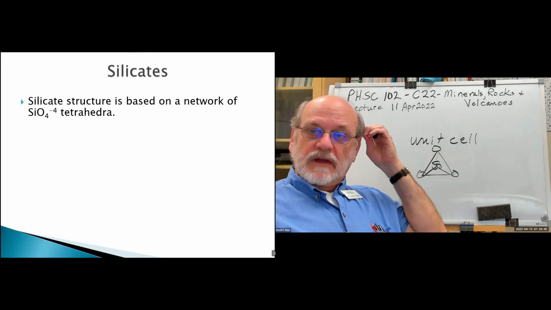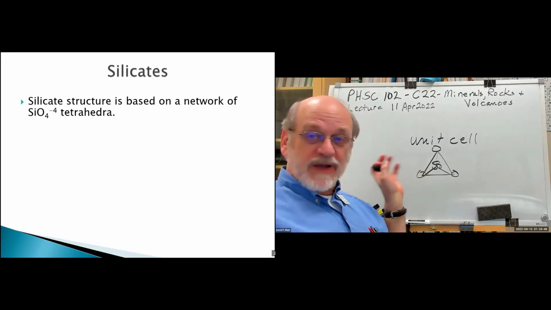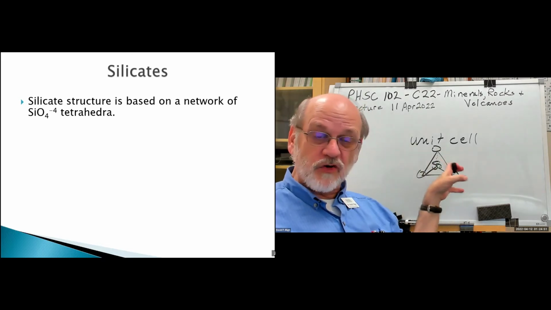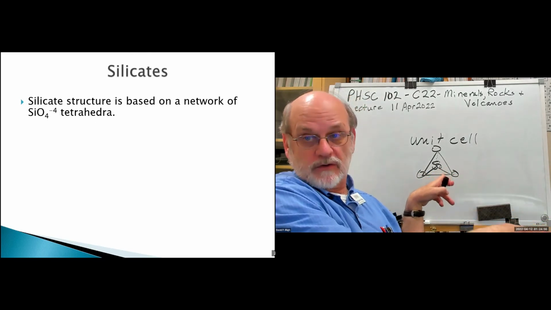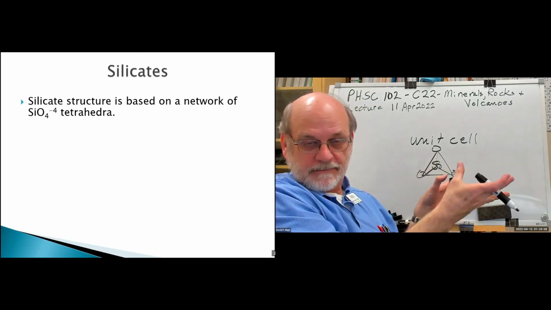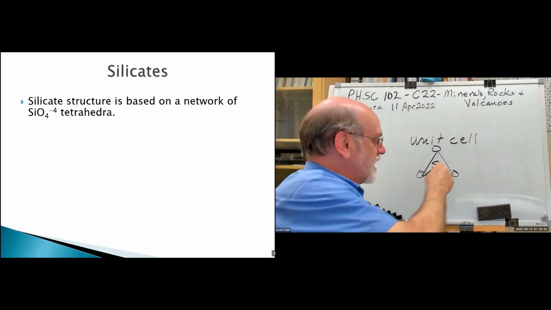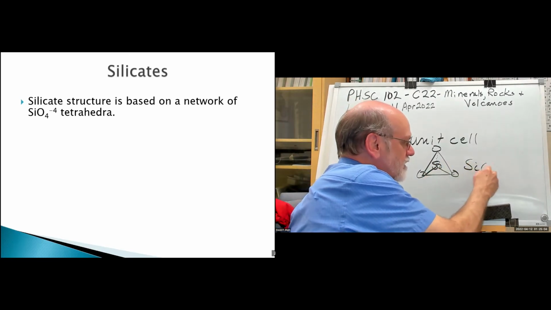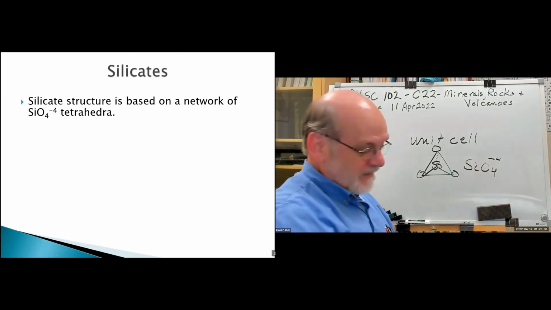Now, that's the unit structure, but you have to recognize that when it's incorporated into a mineral, this oxygen might belong to another unit cell also. It might be shared. Okay? That's important to recognize because this tetrahedron has a formula like that.